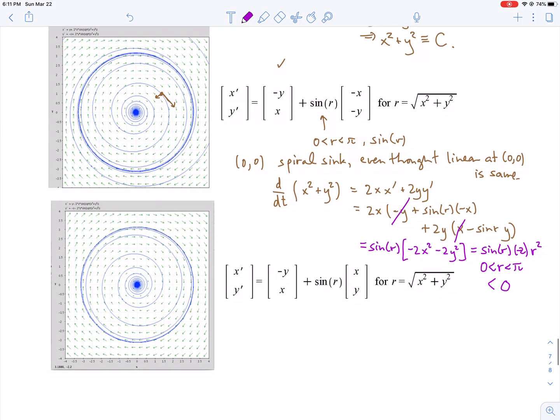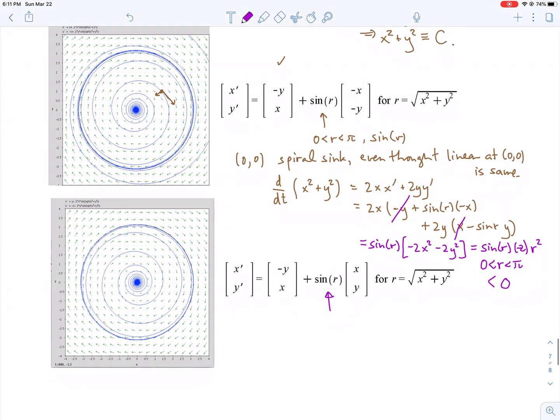And if you just change the sign of the correction term in example 3, you could do the same analysis as we did in example 2, and that's why we would get a spiral source at the origin.